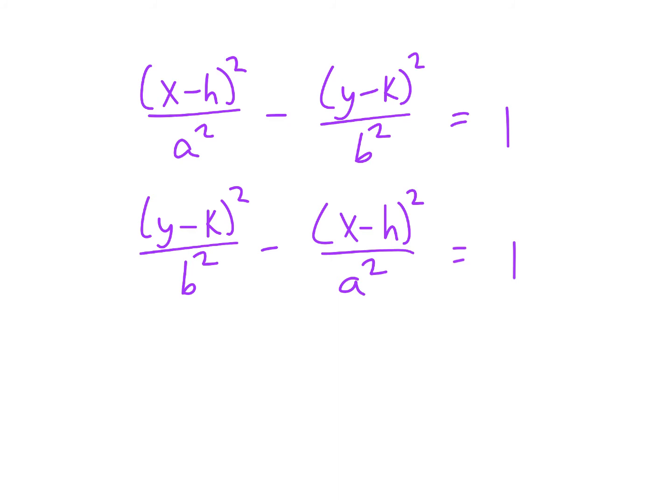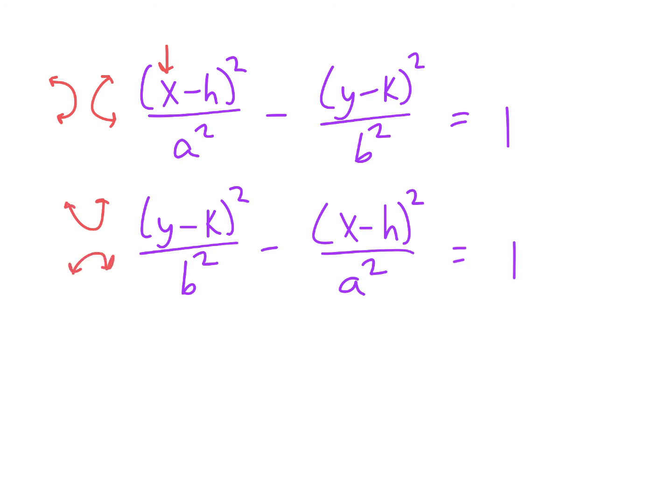And honestly, a quick little sketch shows what the difference will be. Whichever term is written first is going to determine which way those little branches open. This top one would have branches opening to the left and right, because that's the x direction. But if the y term is written first, the two branches are going to open up and down.